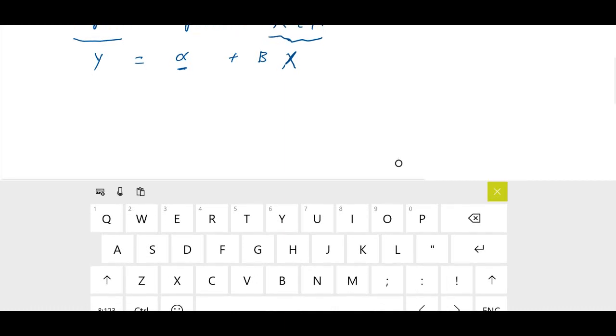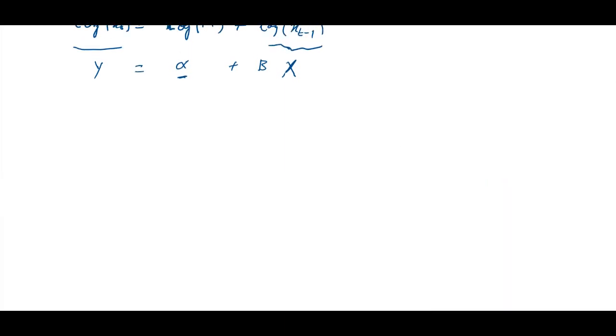For a series yt to have a unit root, we may say that yt equals yt minus 1 plus e, where e is the error term relating to yt. So we can see that this equation has a unit root.